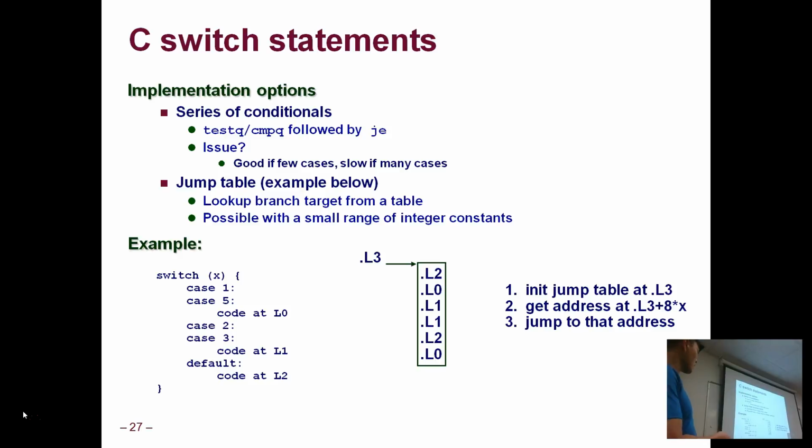The first thing I have to do is check to see if x is greater than 5. If it's greater than 5, then I have an if statement that says just jump around this whole thing and go to the default. But if it's between 0 and 5, then I will use that label directly as an index to access this array of function pointers, and then I'll jump directly to that location.